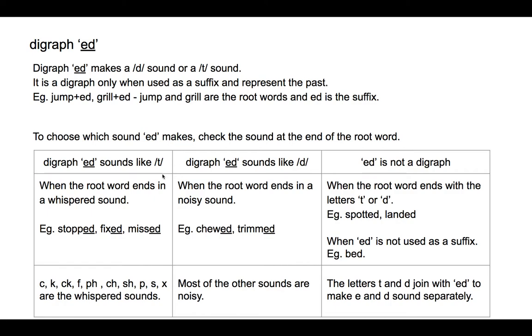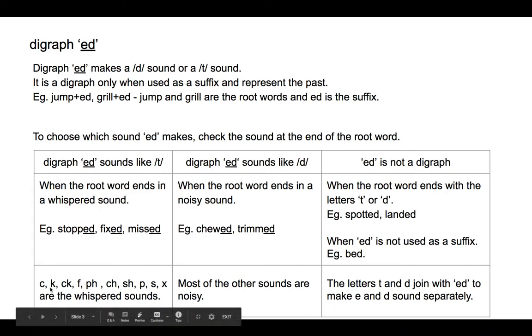word. The digraph ed sounds like t when the root word ends in a whispered sound. So these are the whispered sounds: k, f, ch, sh, p, s, x. So whenever the root word ends in these sounds, then the digraph will sound like t.